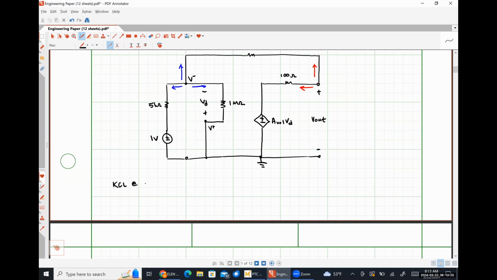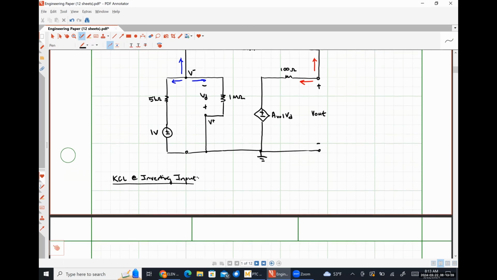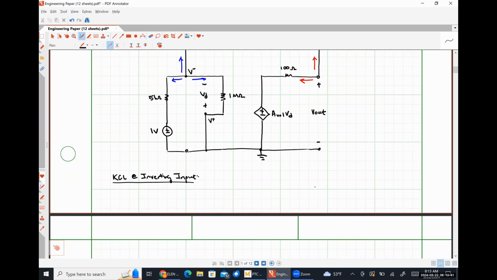Let's start with KCL at the inverting input node. The current that's flowing to the left and then down through the 5 kilo ohm resistor is going to look like the nodal voltage V minus 1 volt over 5 kilo ohms.